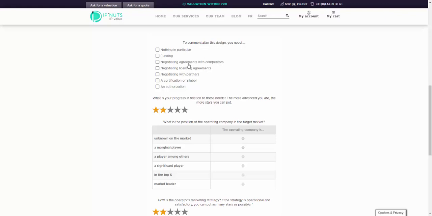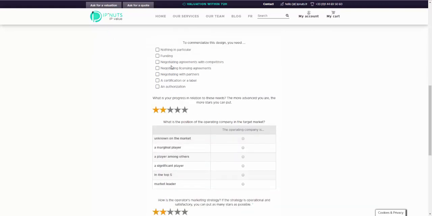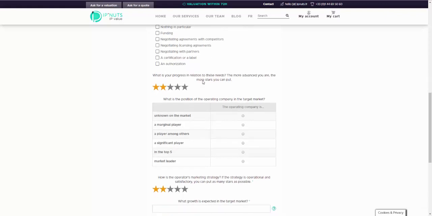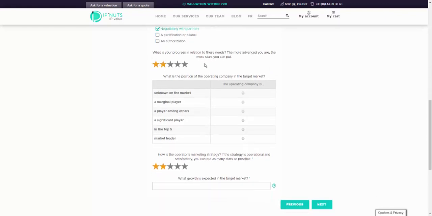Nothing in particular. You are almost ready to go to the market, or maybe you lack funding, negotiating some agreements, or you need a label to go on. So here you can answer and specify the needs that you have to fulfill to be ready to go to the market. Then, depending on the needs you have selected, you are here invited to define the progress of the fulfillment of those needs.